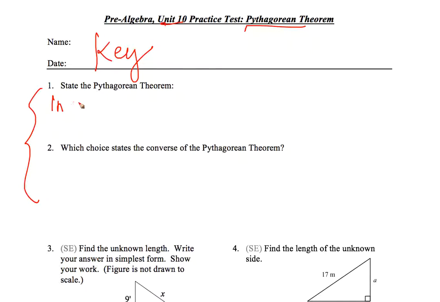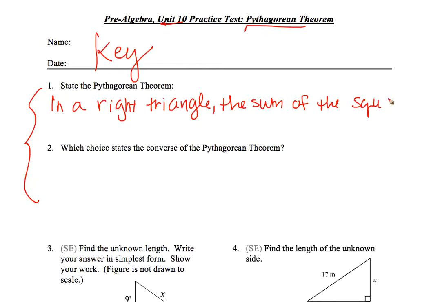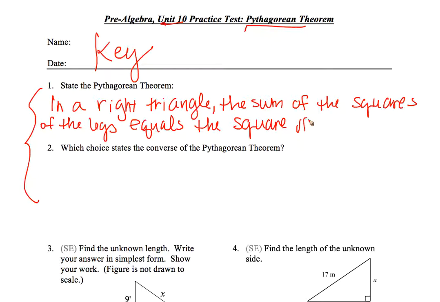So for the Pythagorean theorem, in a right triangle, the sum of the squares of the legs equals the square of the hypotenuse.